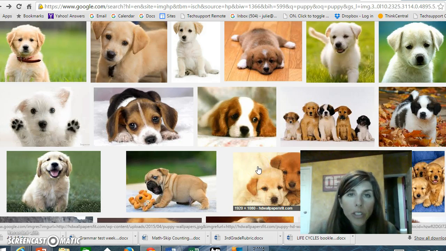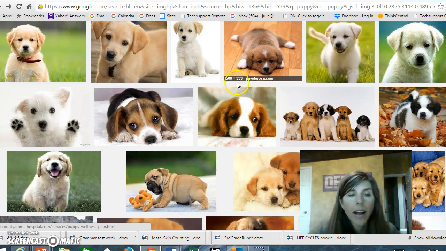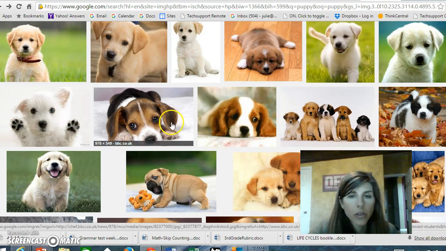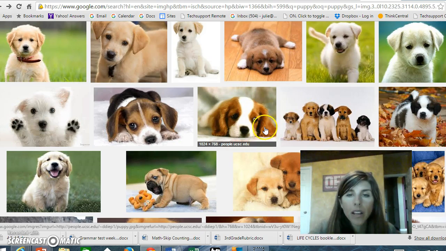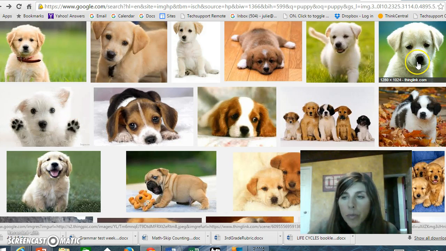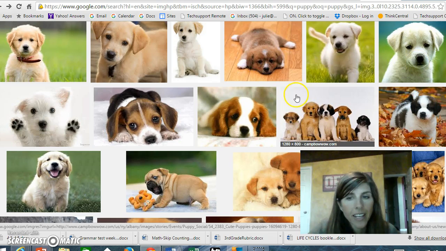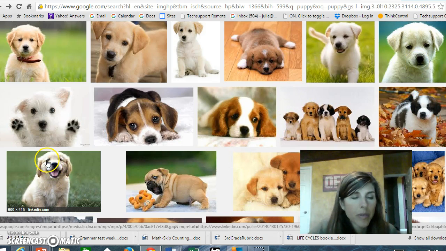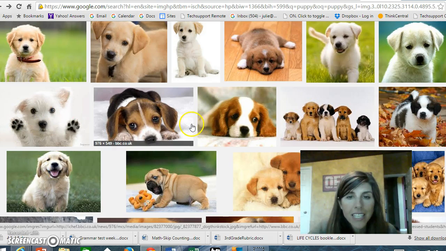So remember, a point of view of an author when he or she is writing is what you think they're thinking about. So for these pictures, the photographers, not authors, wanted to capture the most adorable picture that they could, and maybe capture their eyes so that you can see their sweet little faces.